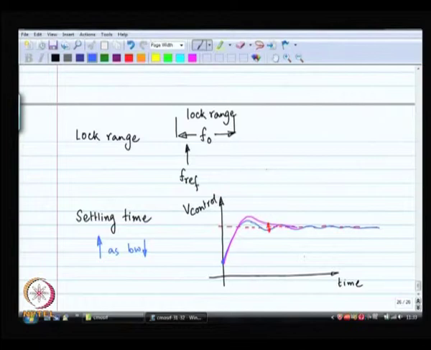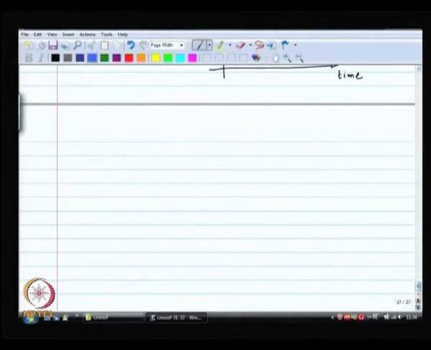If you block out most of the high frequency components, then your system is going to slow down, and as a result the loop is going to stabilize with a much larger settling time. All right. Now, let us move on, right.